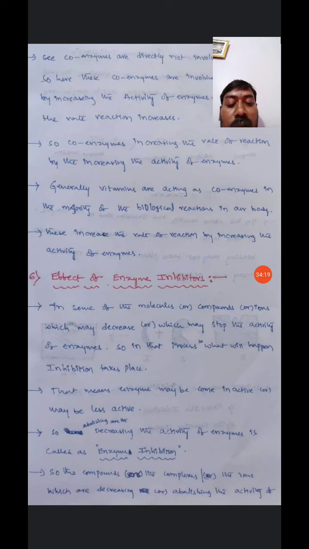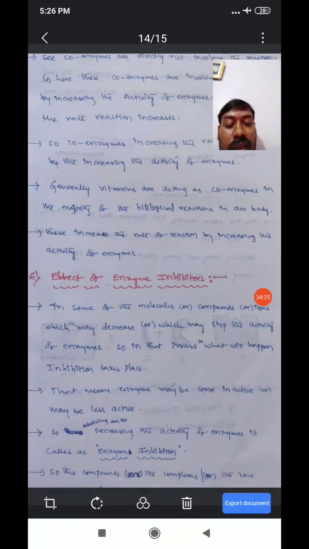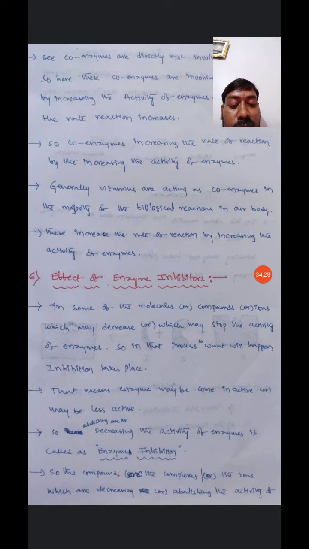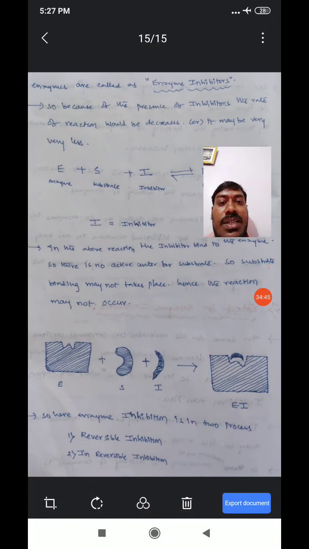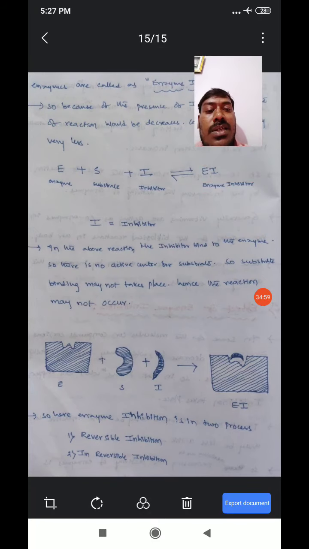The compounds or complexes or ions which decrease or abolish the activity of enzymes are called enzyme inhibitors. Because of the presence of inhibitors, the rate of reaction decreases or may be very less.